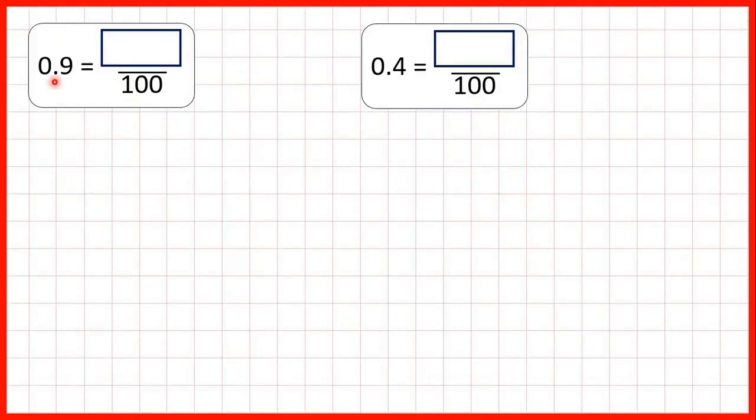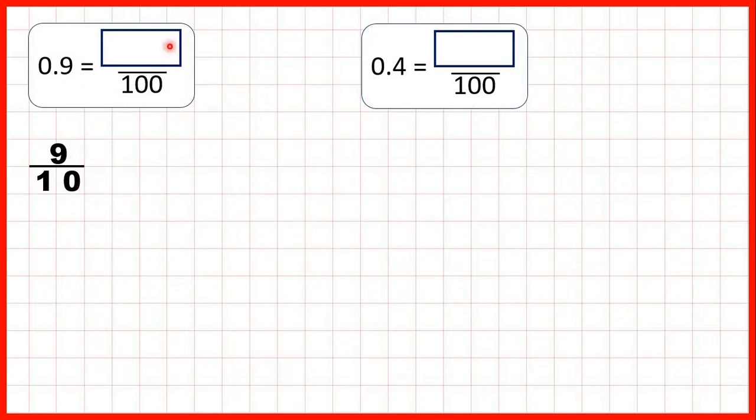Now here, we need to convert decimals into fractions with a denominator of 100. So first, we have 0.9. We know that the first digit after the decimal point tells us how many tenths we have. So 0.9 is 9/10.